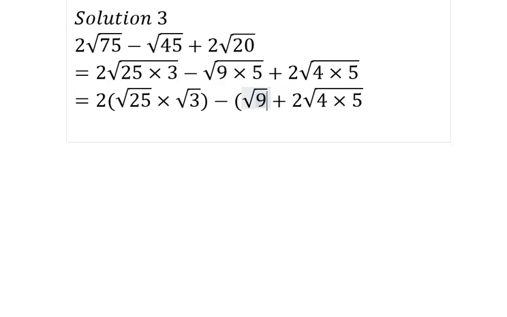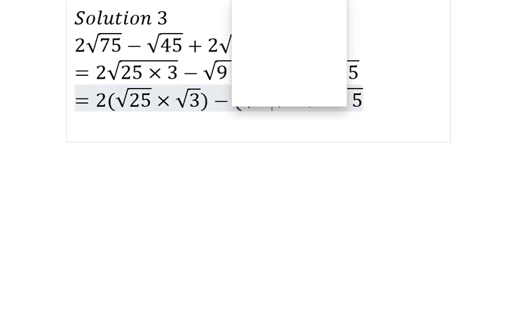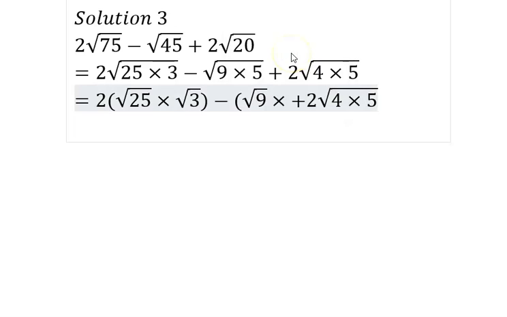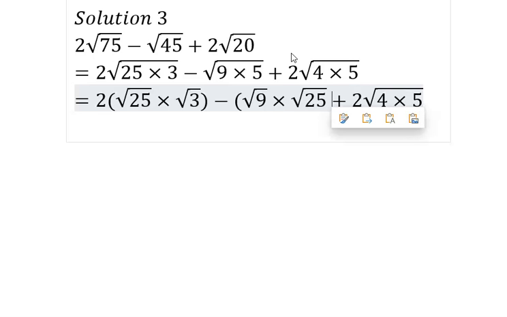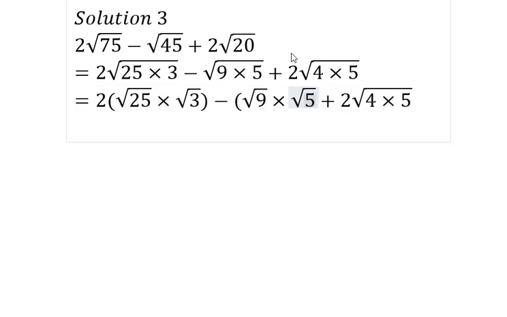Root 9 times root 5. And lastly, what we have here is 2. Let's split this as well. Root 4 times root 5.